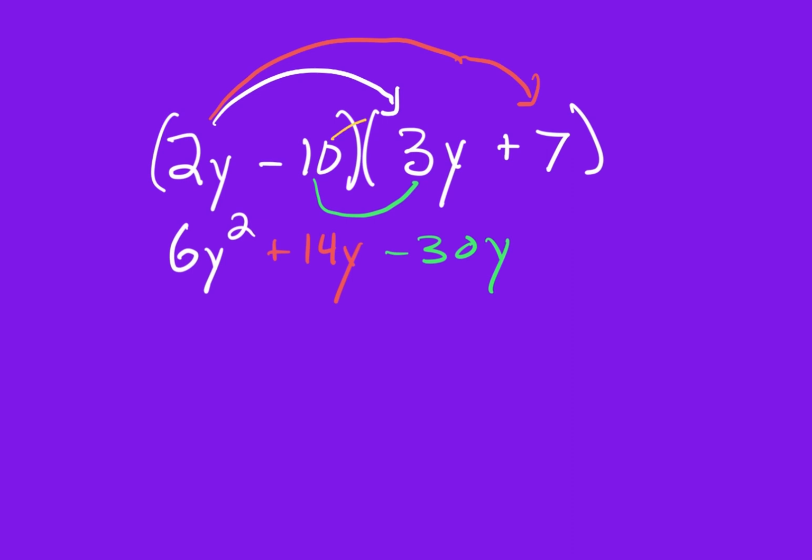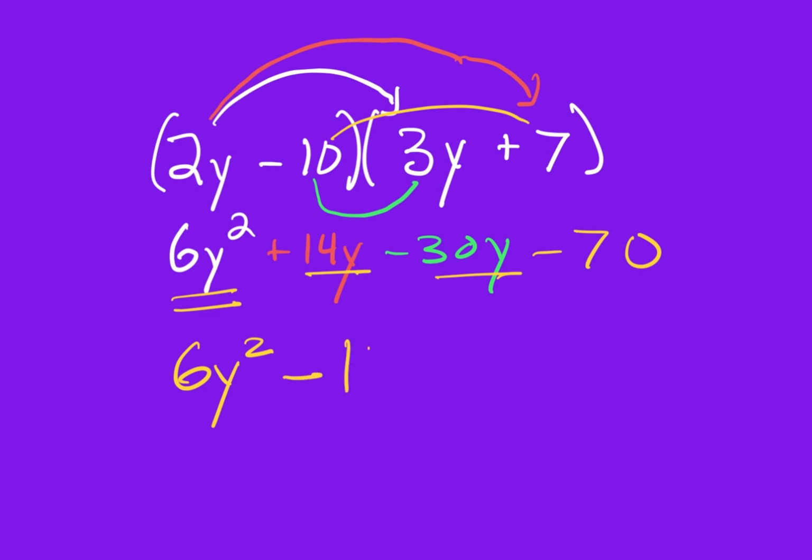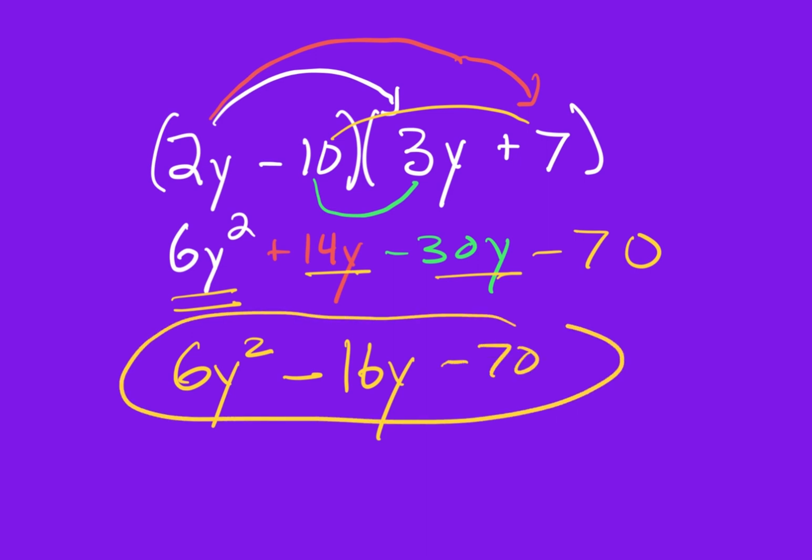Last, negative 10 times 7, negative 70. Second degree, first degree, none. So 6y squared. 14 minus 30. Negative 16, I believe. Negative 16y minus 70. They're done.